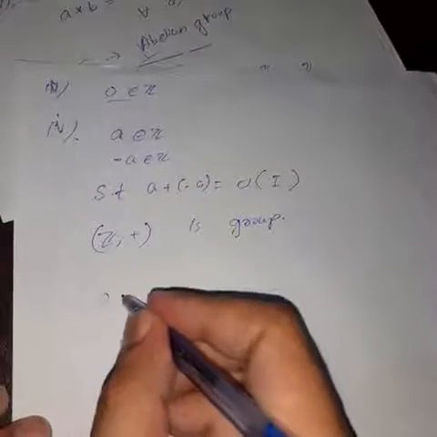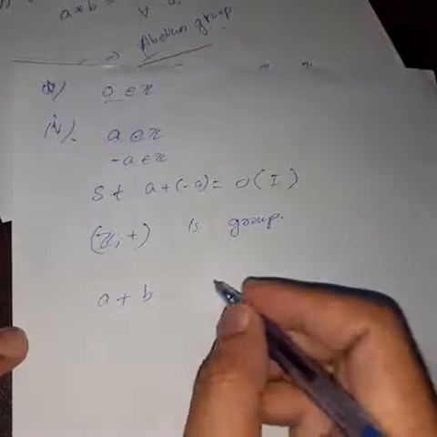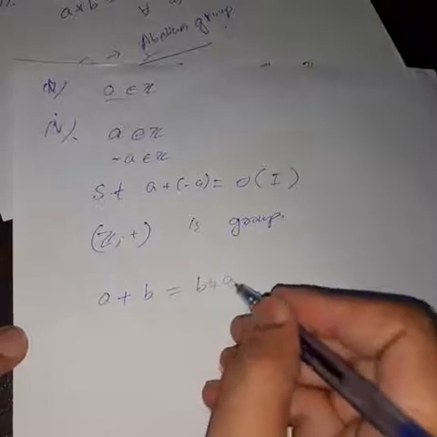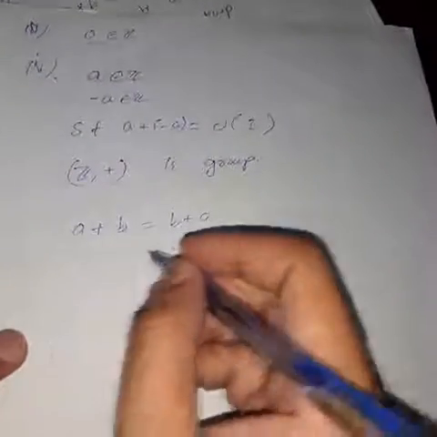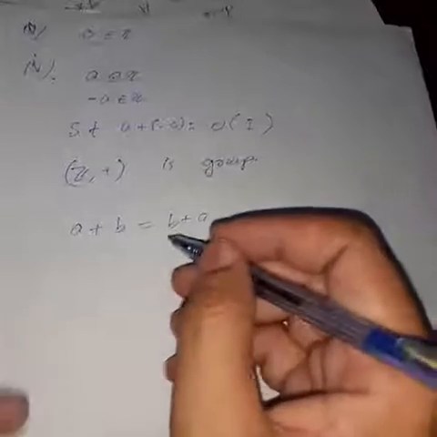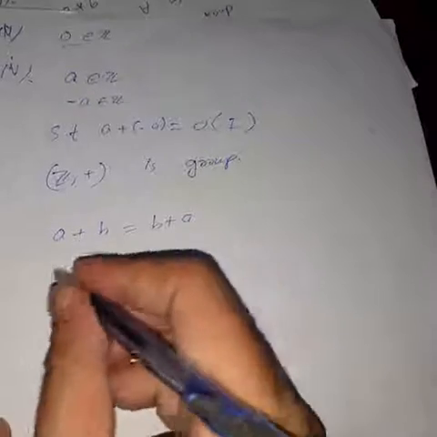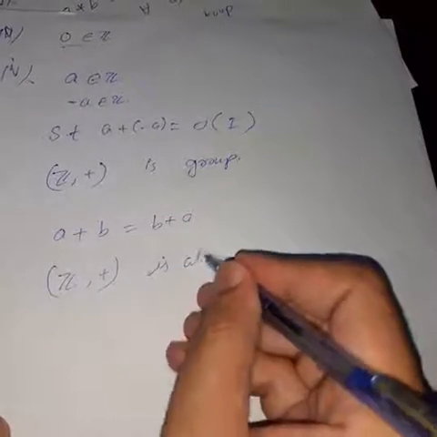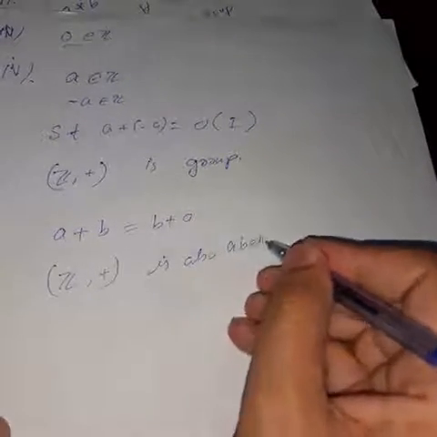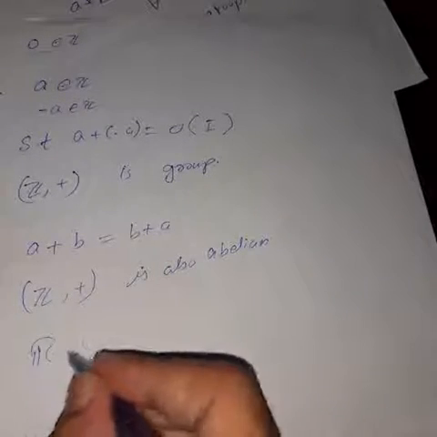Since for any two integers a and b, we clearly say that a plus b is equal to b plus a, we can also say that the set of integers under the operation addition is also an abelian group.